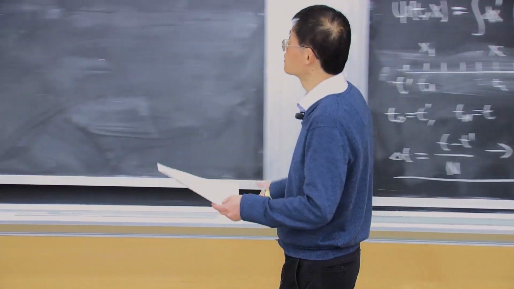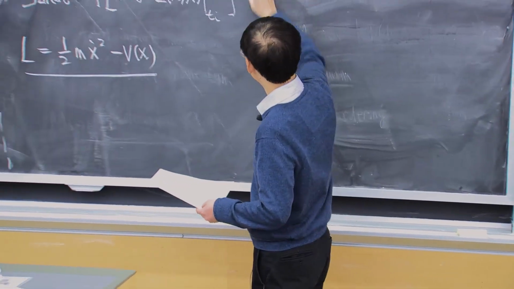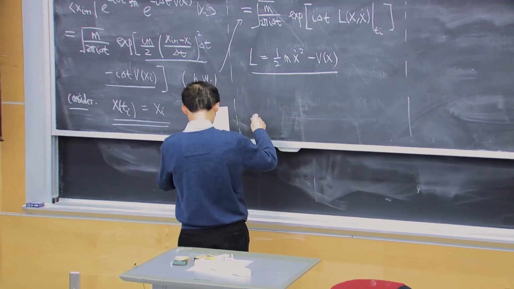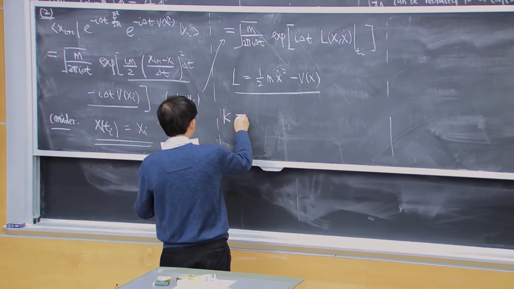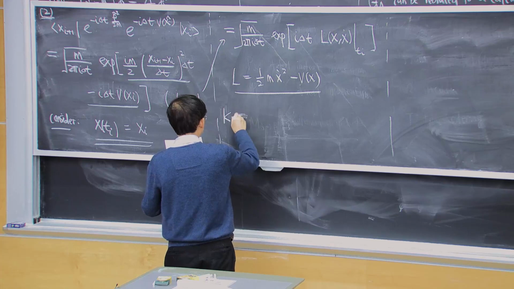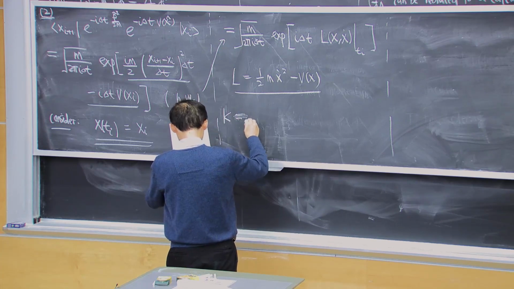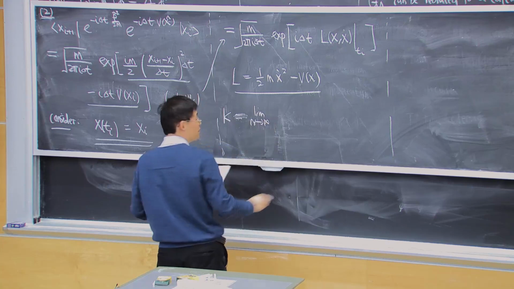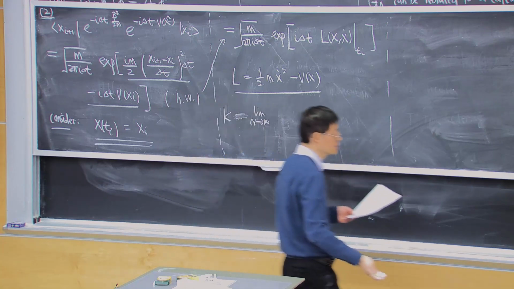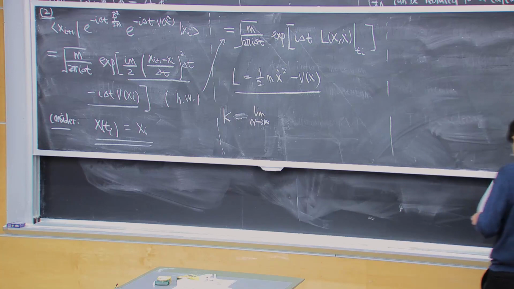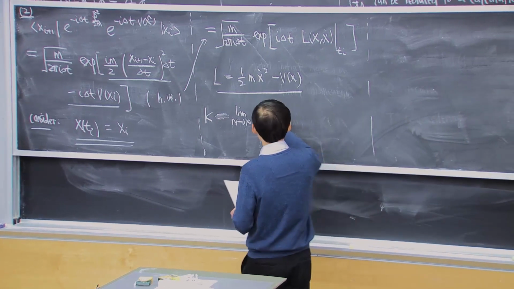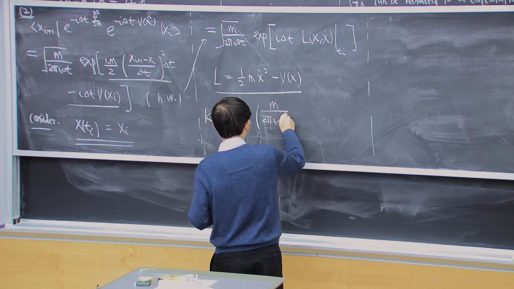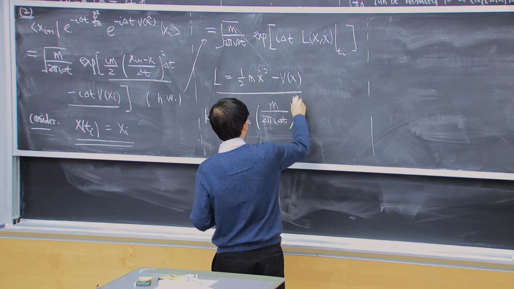Now we can write down the full K. The full K becomes the limit n goes to infinity, because we take delta t to 0, so we need to take n to infinity, of m over 2 pi i delta t to the power n divided by 2.